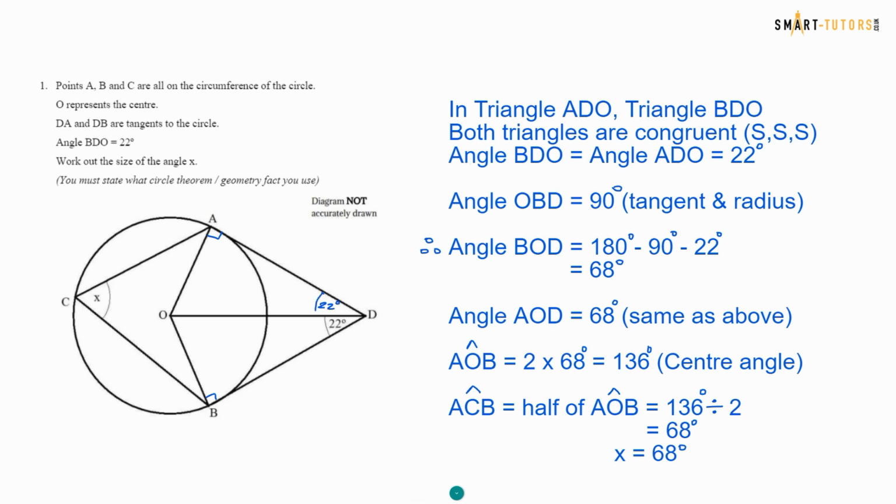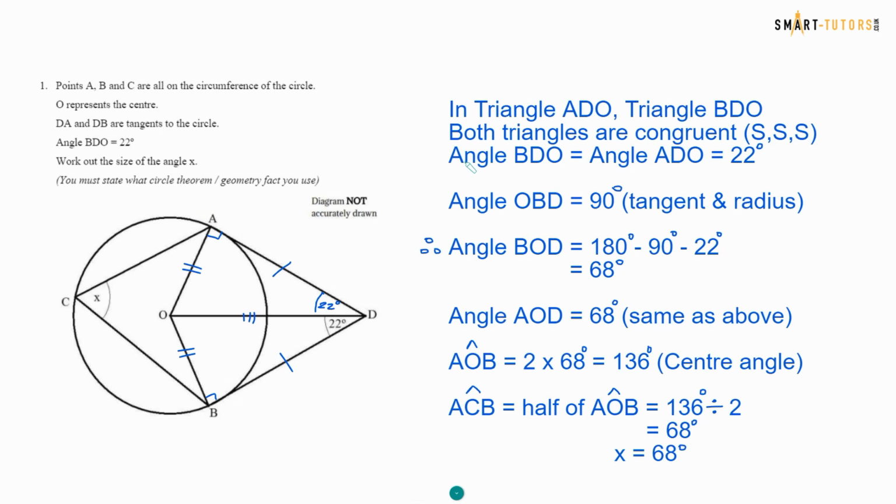Before you say that, you need to say that in triangles ADO and BDO, both triangles are congruent, side, side, side, because this is the radius and this is the common side. All three sides are equal to all three sides, so both triangles are congruent.